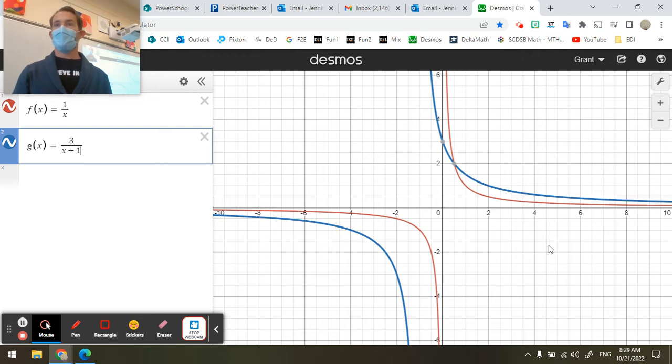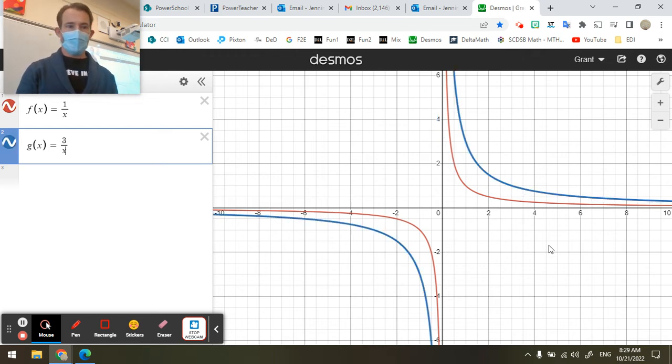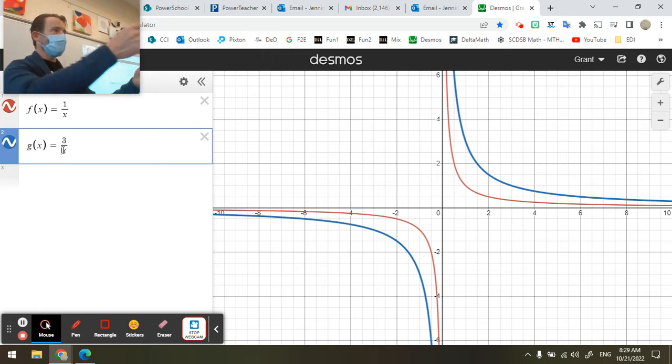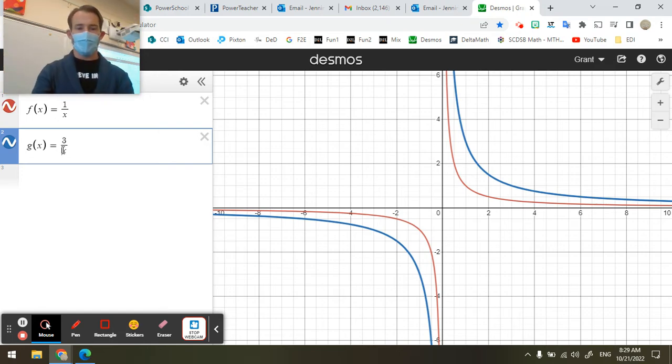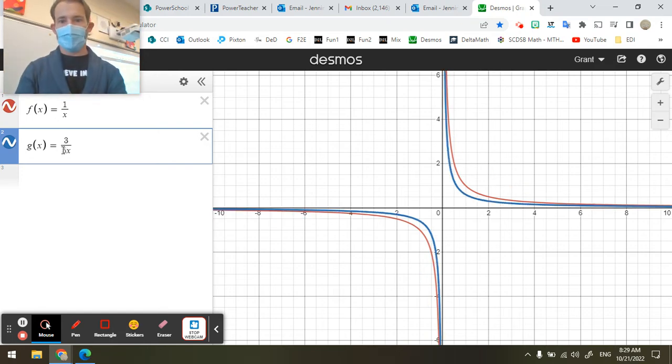Oh, Patrick, you had a question? How would the k value affect that? Oh, if we added a k value, let's say we go 3 over 5x, then k is going to stretch things towards the y-axis by factor 1/5. So everything gets closer to the y-axis when I do that. See how tight that gets? It still won't touch the y-axis or the x-axis, even if I went to 500.